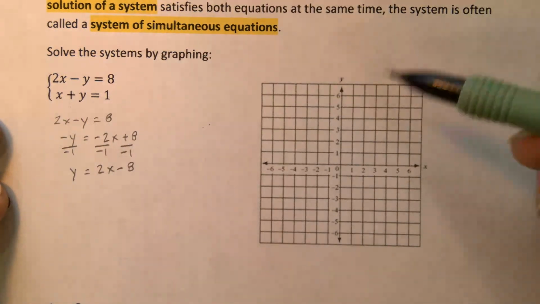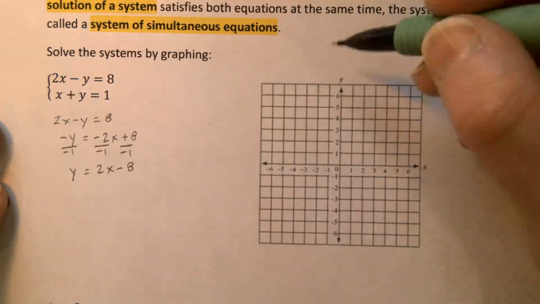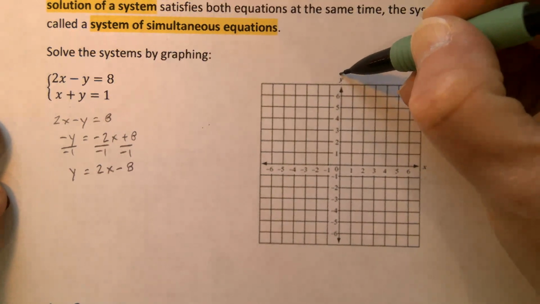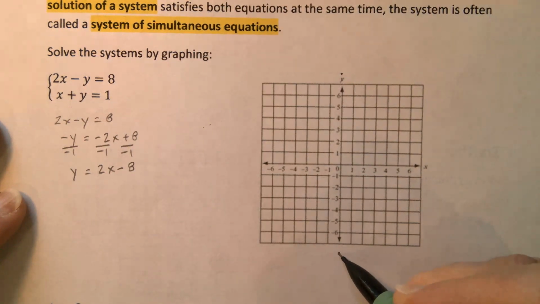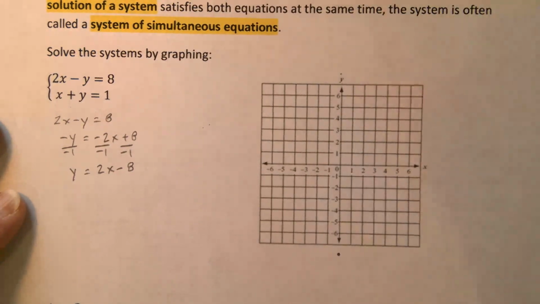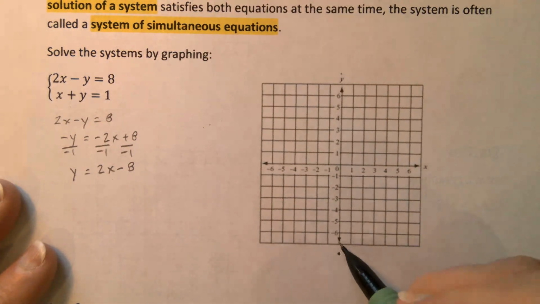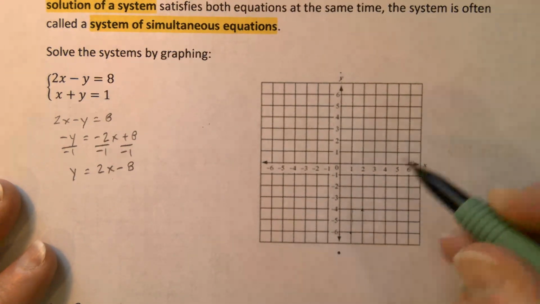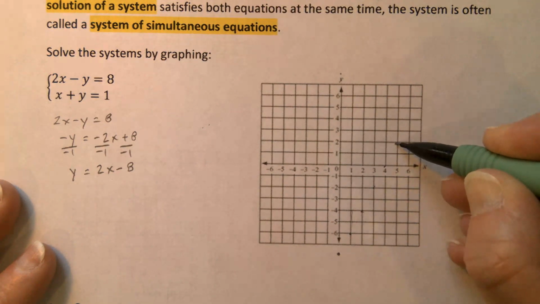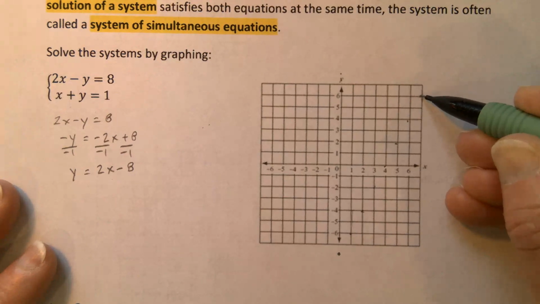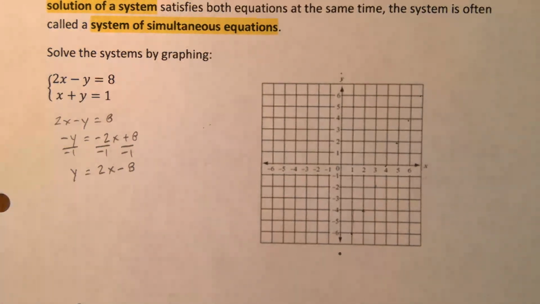So if I graph this, of course naturally it doesn't fit on my graph. So here's 6, here's 7, 8 is going to be right about here. Actually, it's going to be right down here. It's negative 8. Duh. All right. And then my slope is 2, so I go up 2 and over 1, up 2 and over 1, up 2 and over 1. Okay, and then I need to use a straight edge, and it's super important that you use a straight edge to graph these because accuracy is super important in order to get the right answer when you're graphing a system.